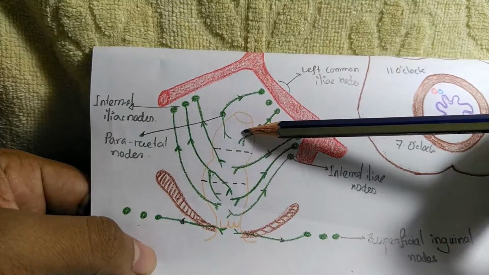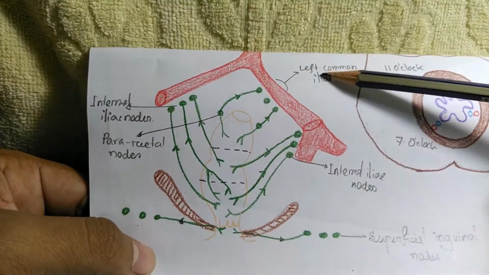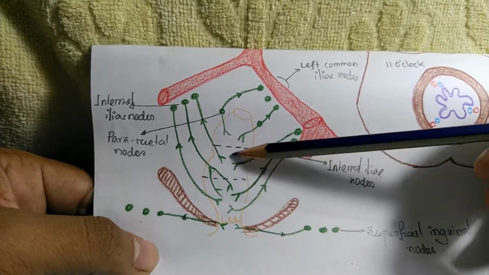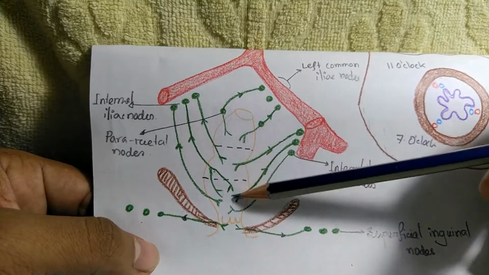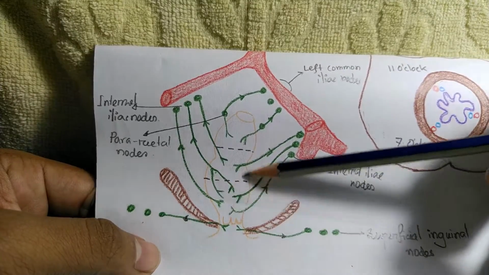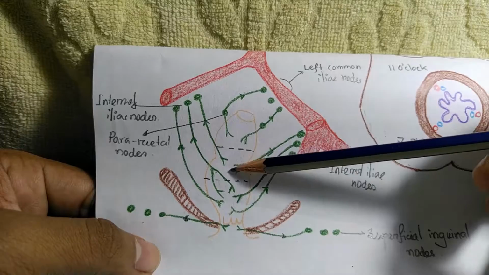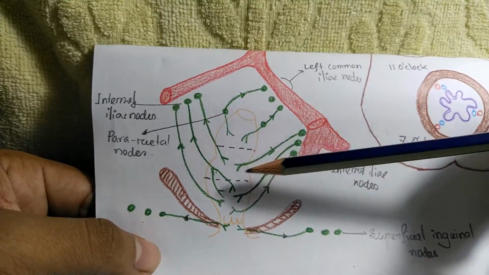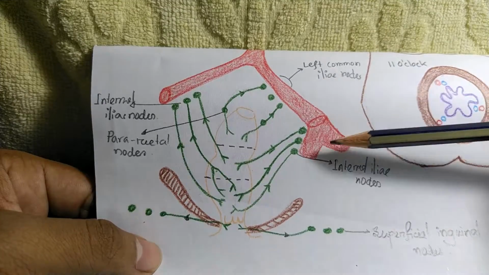So the upper third of the rectum will drain to the left common iliac nodes, and the middle third and lower third, okay, sorry, the middle third, that is the middle one third and lower one third, will drain to the right and left internal iliac nodes.